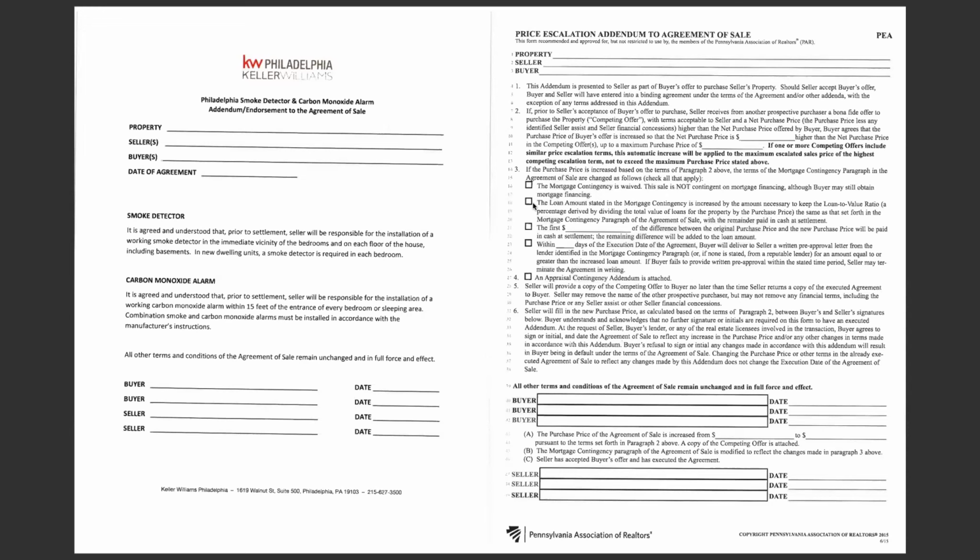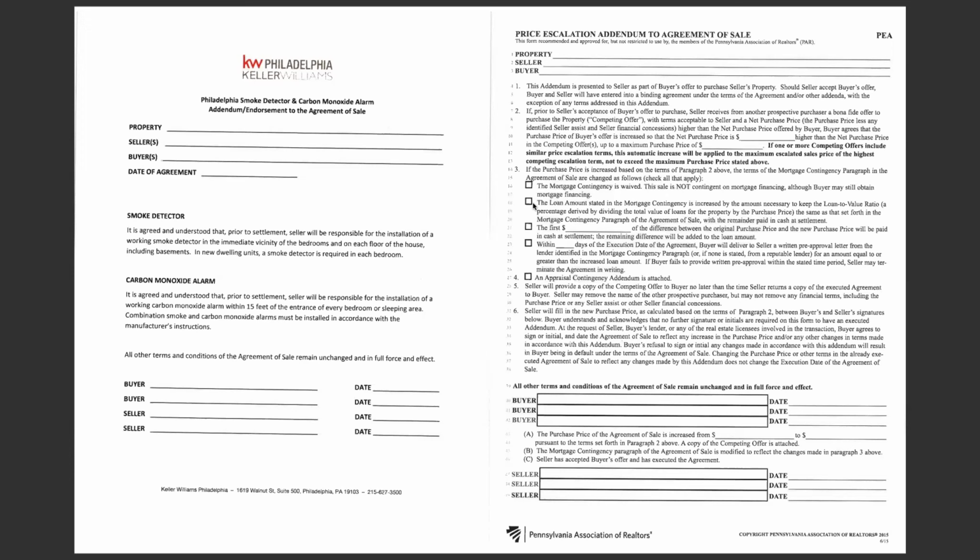Oftentimes, the number 500 or 1,000 may be put in there. And then it says higher than the net proceeds of the competing offer up to a maximum purchase price of Y. So this is saying that your buyer is willing to go $1,000 over, let's pretend, the next highest offer, but not to exceed blank.